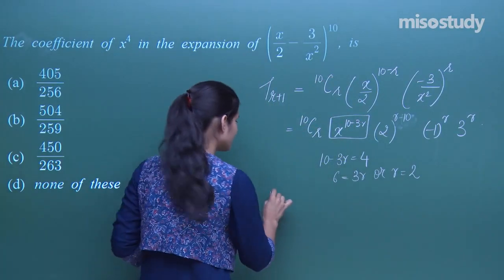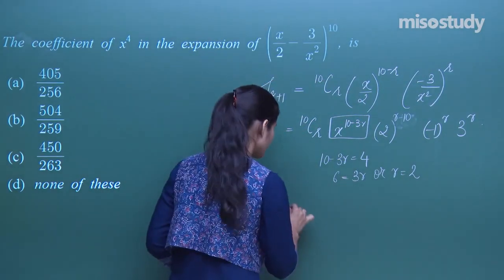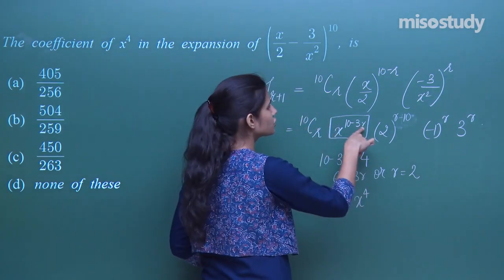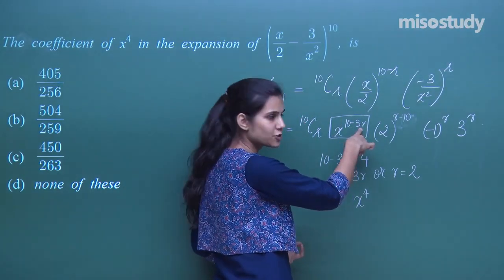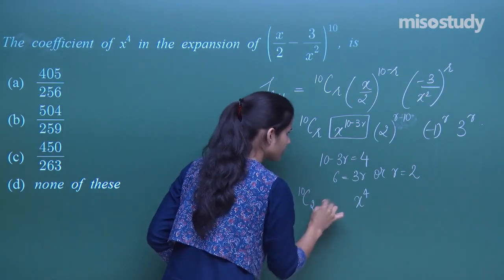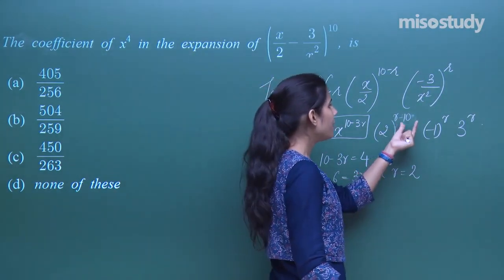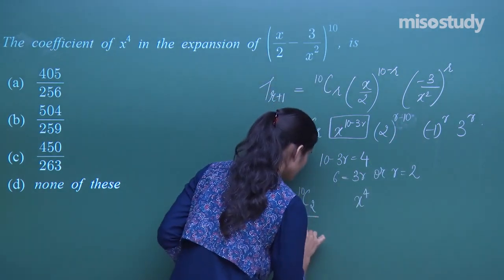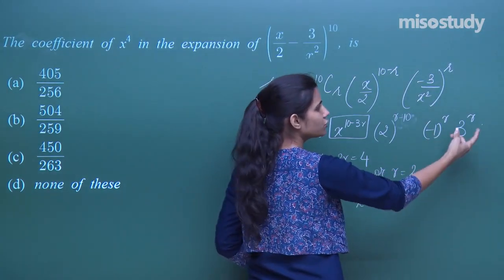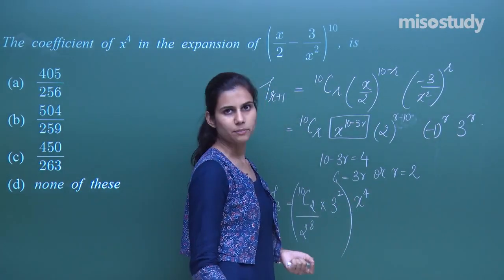So, it is the third term which has x to the power 4 in it. The third term becomes what? Obviously x to the power 4 is there, because for r equals 2 this is x to the power 4. Then it is 10C2, because r is 2, 2 to the power 2 minus 10, which is 2 to the power minus 8 or 1 upon 2 to the power 8, (minus 1) to the power 2 is 1 only, and this is 3 to the power 2, into x to the power 4.